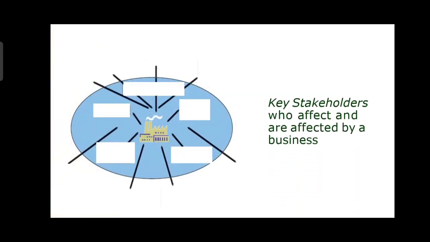So per me daw nato dapat huna-hunaon, in every decision that we make, there are key stakeholders who might get affected with our business or with the decision that we make. So there are external and internal stakeholders that may be affected. For the internal stakeholders, they are those nga directly within the organization, no?